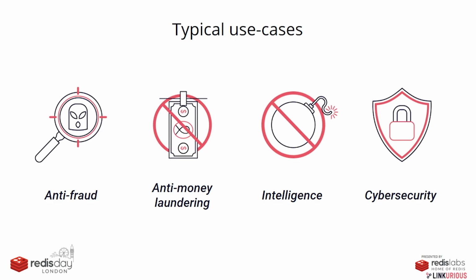Typical use cases of our products are anti-fraud, anti-money laundering, finding terrorist networks, and finding cyber threats. What these four use cases have in common is that analysts are looking for patterns, especially connection patterns.